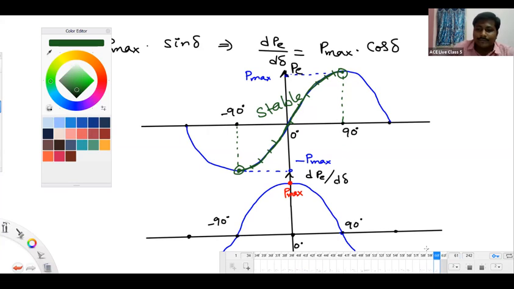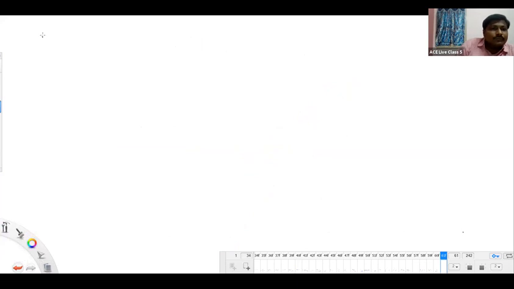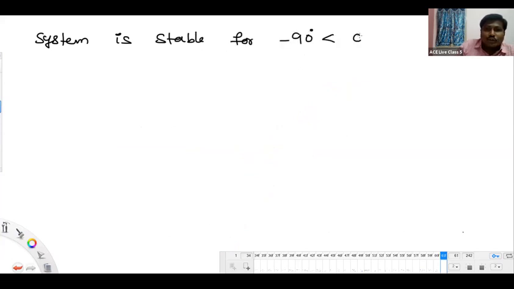The system is stable, but the angle must be in the zone of minus 90 degree to plus 90 degrees.